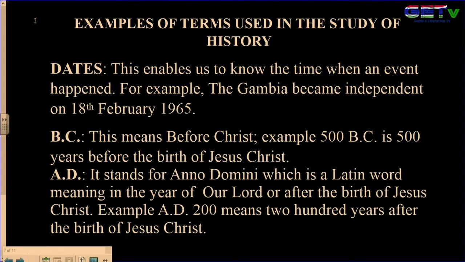Here are some examples of terms used in the study of history. These terms are very, very important in the study of history. One of them is dates. Dates are used in the study of history.